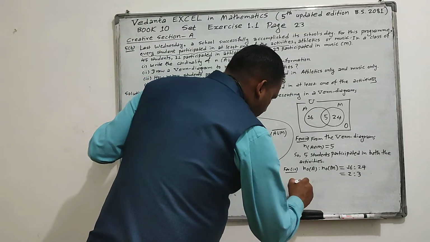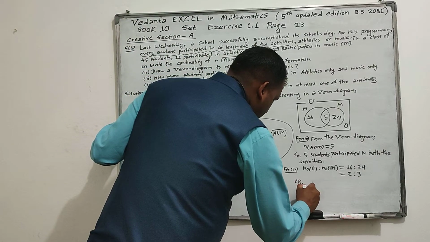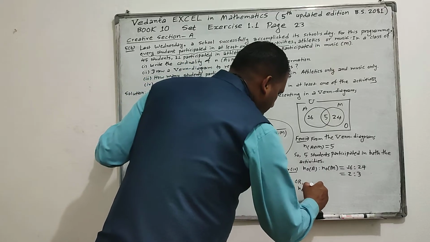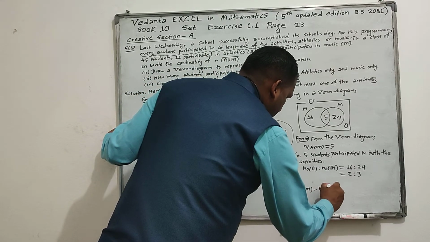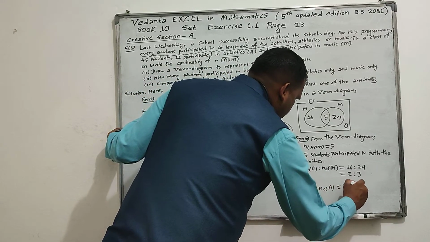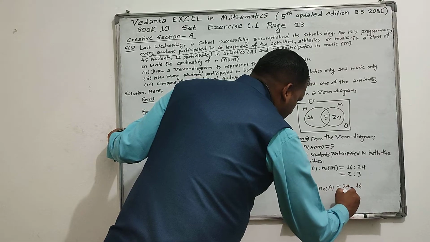n(M only) is more than n(A only). So n(M only) minus n(A only) equals 24 minus 16, that is 8.